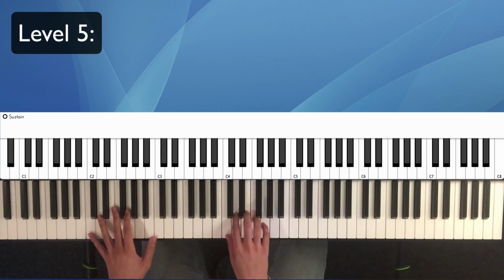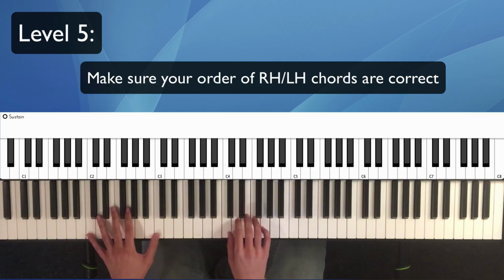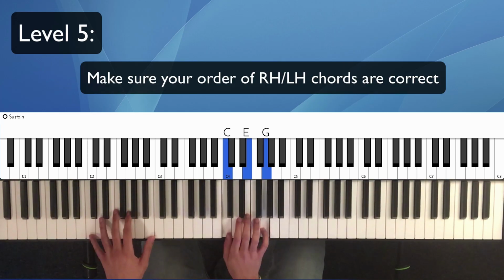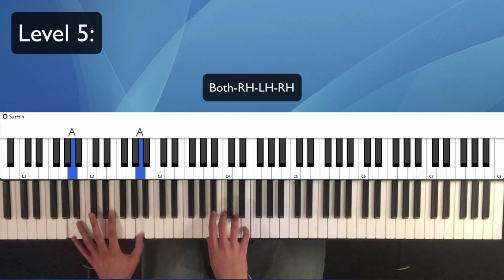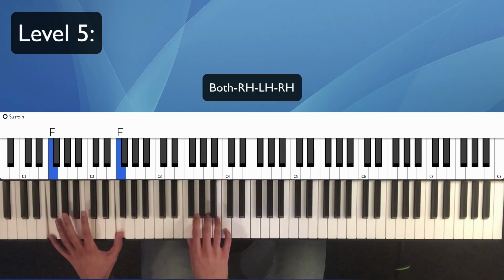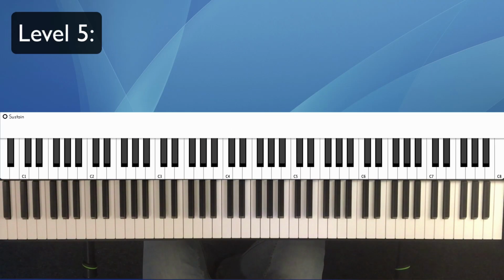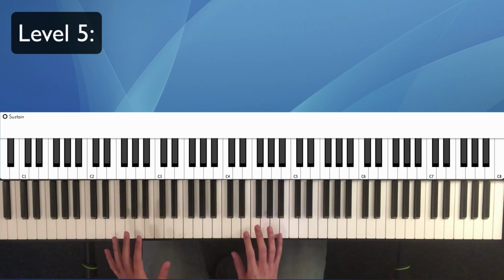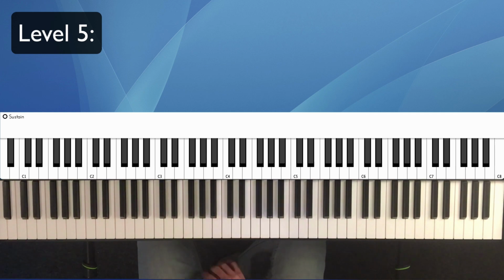So it would be 1, 2, and 3, 1, 2, and 3, 1, 2, and 3, and so on. So that's how you could count it. It's much easier that way. Take it slow, and if you're really confident, then you can go faster, but maintaining the same beat. That is going to be the hard thing to do.